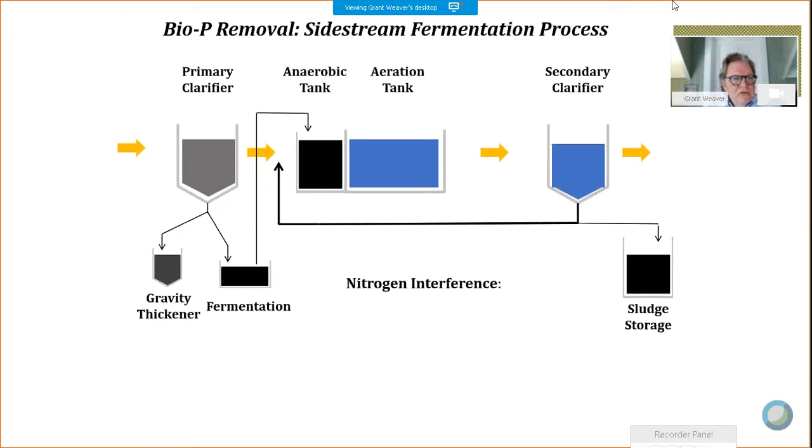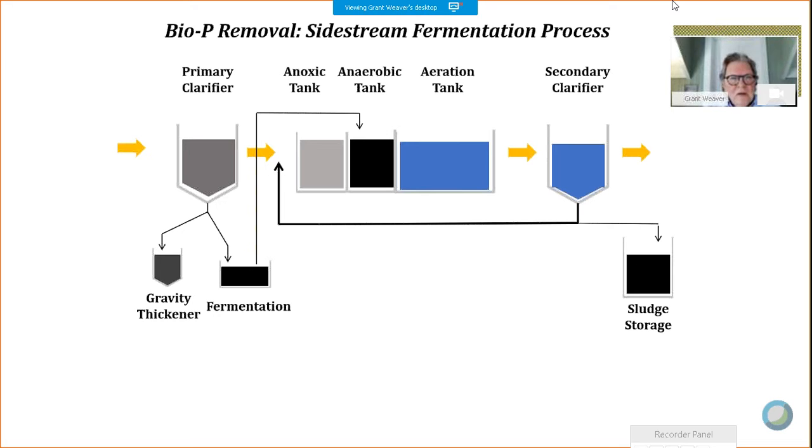Same issue here with nitrogen interference. If there's nitrates, they're going to have their fill of the VFAs that are produced in that fermentation tank and pumped in. So the design engineering community came up with the idea of preceding that anaerobic tank with an anoxic tank.